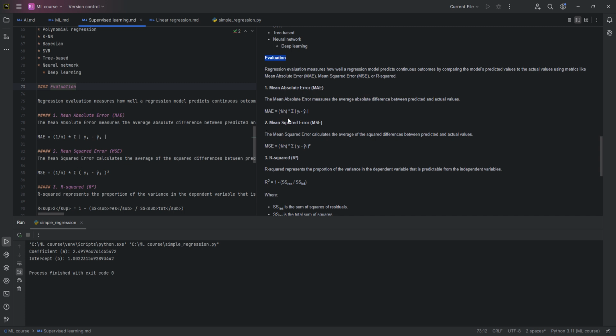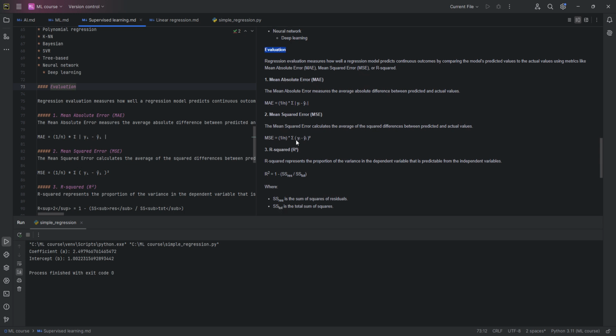And then there is a similar metric, mean square error, MSE, which is basically the same as MAE, but the difference between the predicted and actual are squared before being summed up and divided by n.